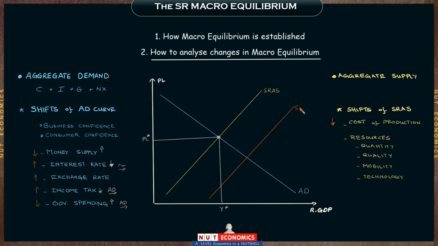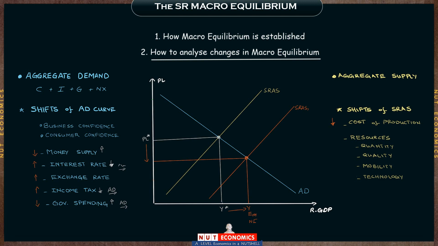So shift your aggregate supply curve to the right and read off from this graph that the economy will expand, the GDP will increase, and therefore employment will increase, and therefore the national income will increase, whereas the y-axis will tell you that in this new equilibrium, after the cost of production falls and short-run aggregate supply shifts to the right, the economy's price levels will also fall.